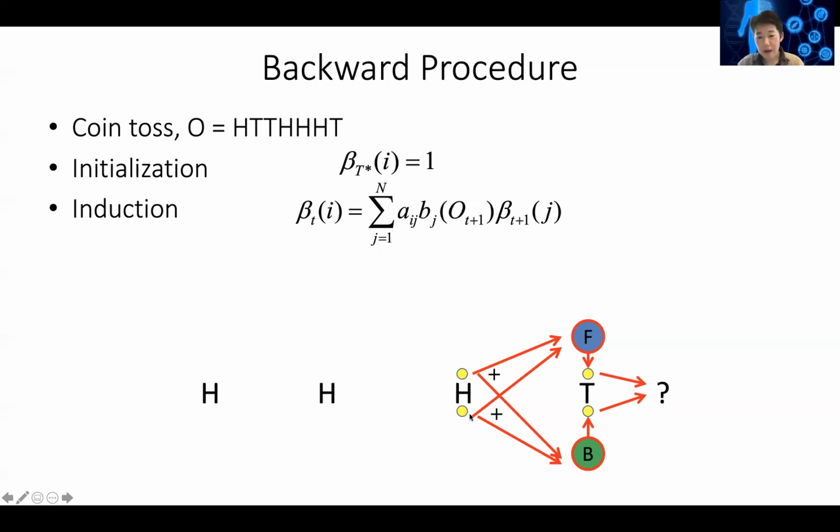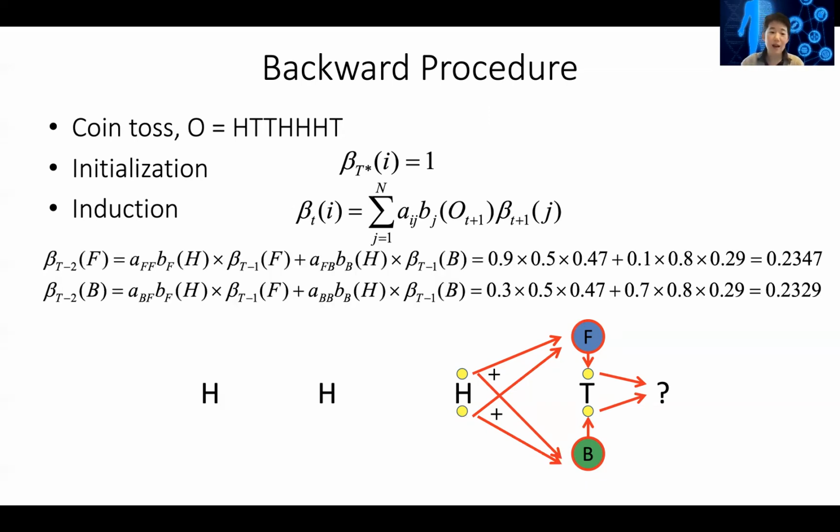Or it's a biased coin transition to biased coin, and this biased coin emits this tail and inherits everything after. I add them together because both are possible in order to use a biased coin at this location. You can do the math, you get some probability, and then we can keep going.